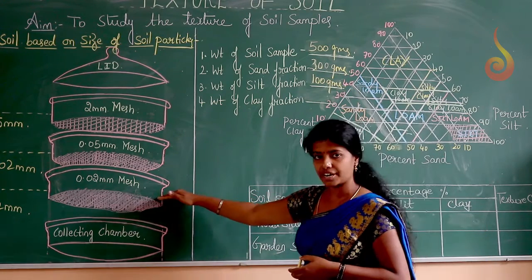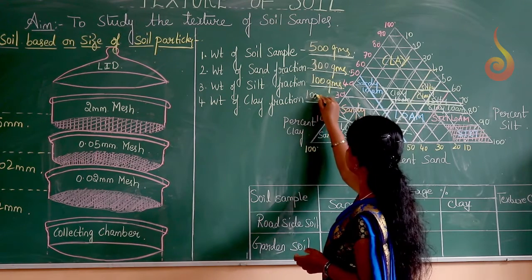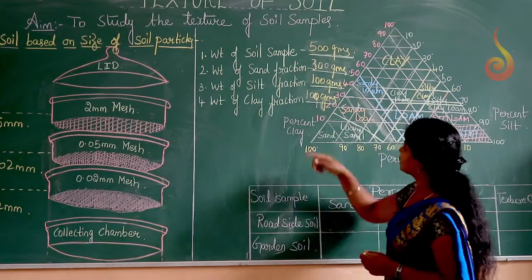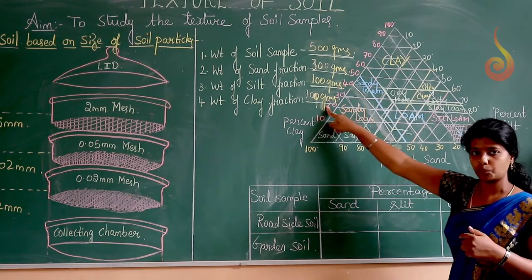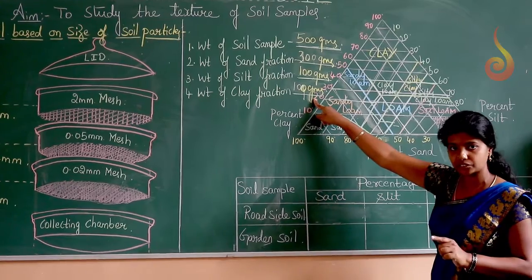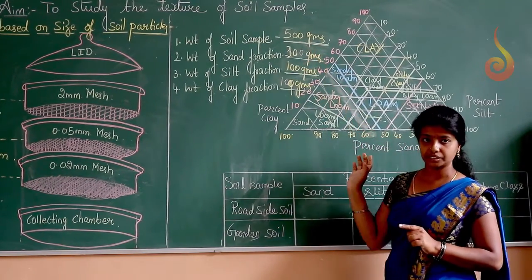The weight of the soil fraction collected in the clay mesh, say 100 grams. The sum of all the three soil fractions should be equal to the total weight of the soil which we have taken initially, that is 500 grams.